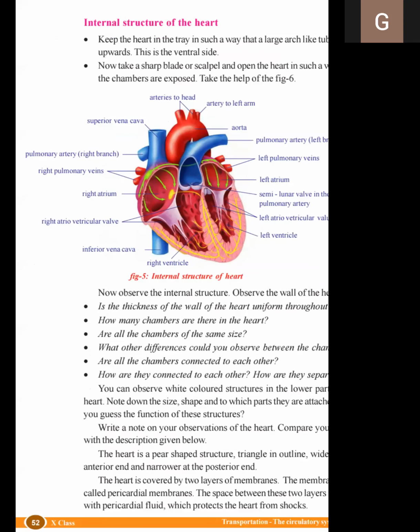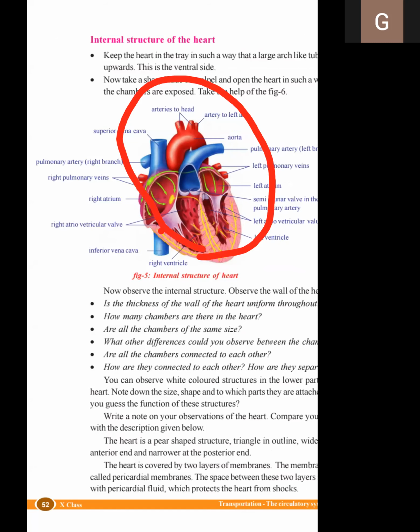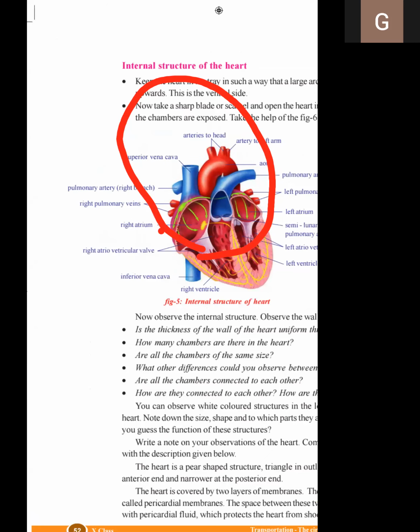The outer structure of the heart is covered by two layers of membranes, and those membranes we call pericardial membranes.